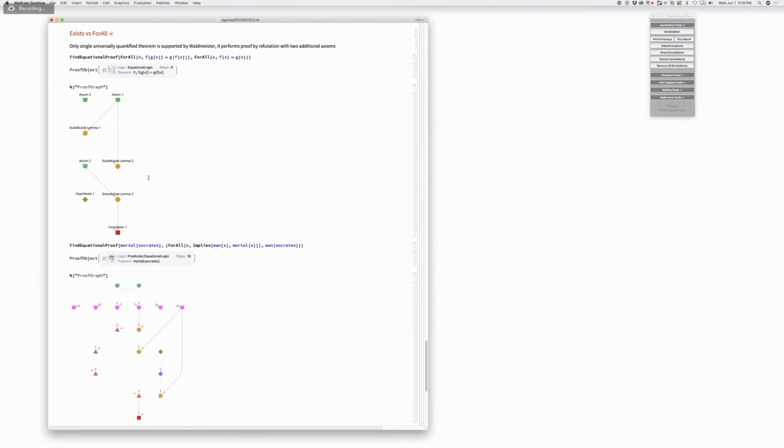Because in Waldmeister, there's a strategy when there's a not grounded theorem. It tries to prove it by refutation. So wait a minute, what effect would this have if somebody left out the for all in the theorem they're trying to prove?